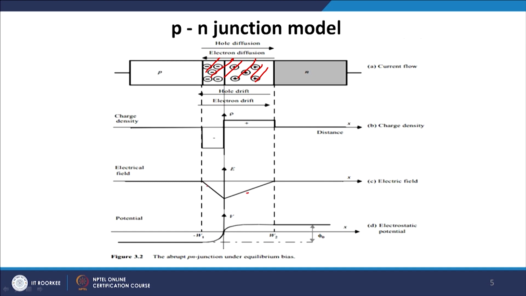As you can see, it first increases in the negative direction, then after reaching a particular point, it again increases. Similarly, one can draw the potential, which is drawn in the last diagram, which first changes in the negative direction, looks like an IV curve geometry near the junction, and then again flattens on the right hand side.